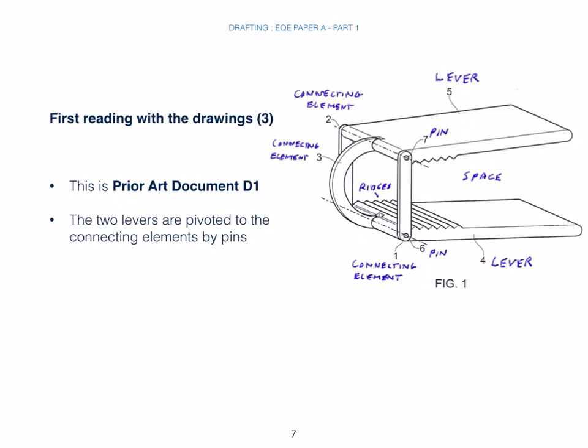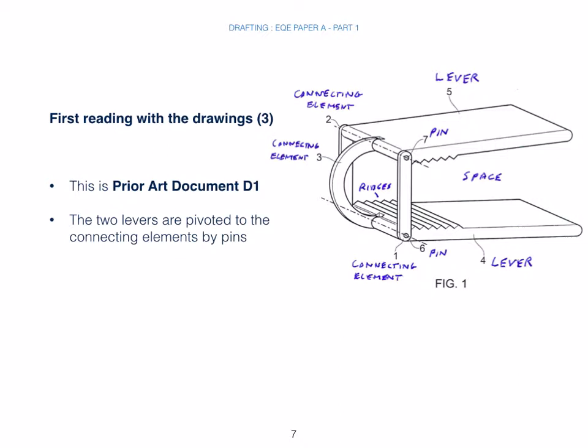So we have 1 is a straight connecting element, 2 is another straight connecting element, 3 is a curved connecting element, 4 is a lower lever, 5 is an upper lever, 6 and 7 are pins.